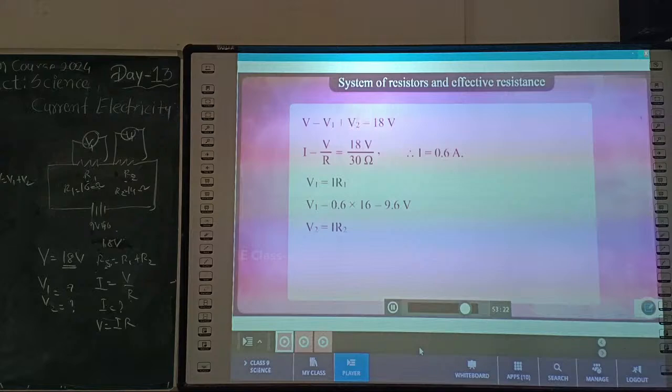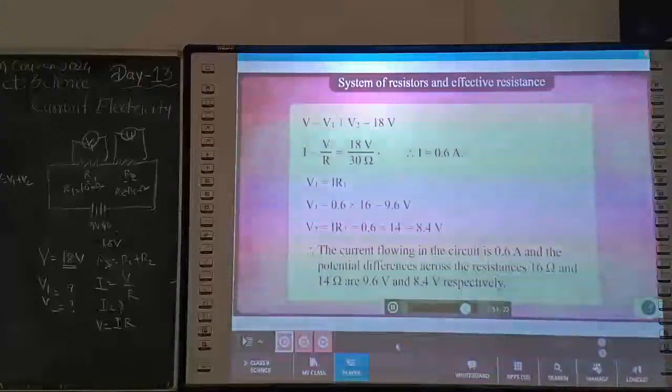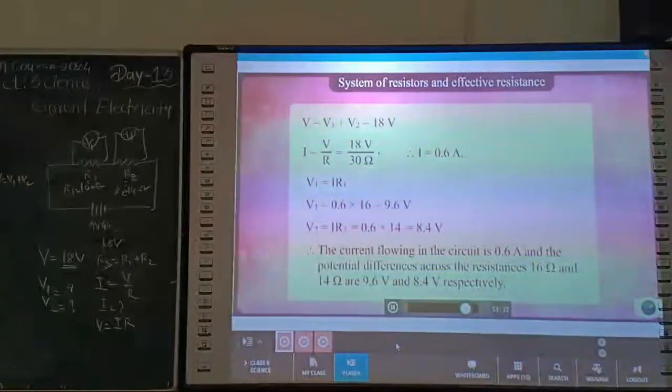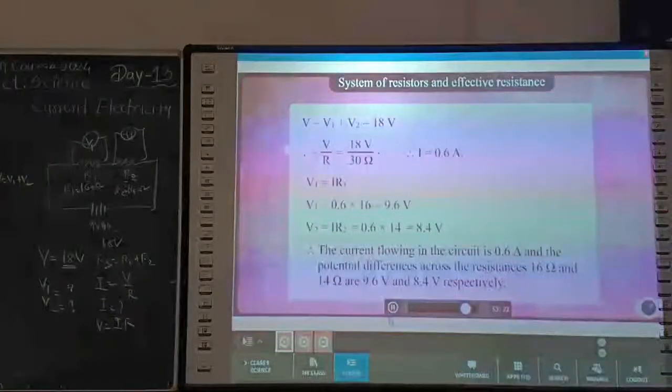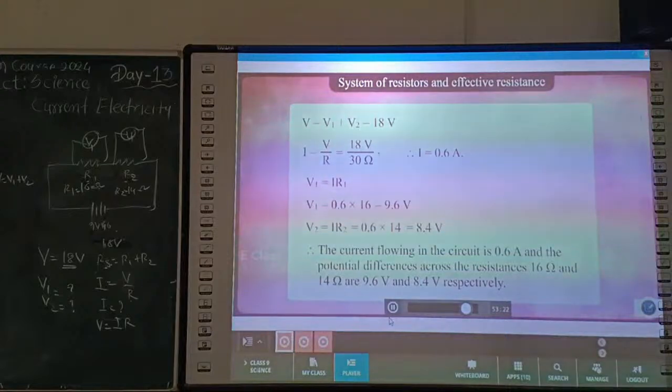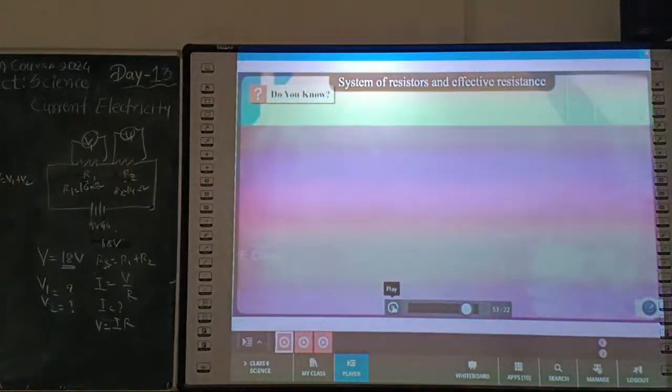V2 is equal to IR2, which is equal to 0.6 multiplied by 14, which is equal to 8.4 volt. The current flowing in the circuit is 0.6 ampere, and the potential differences across the resistances 16 ohm and 14 ohm are 9.6 volt and 8.4 volt respectively. आया समझ में? So potential difference in the series combination is different for different resistance and current flowing through each resistor is same.